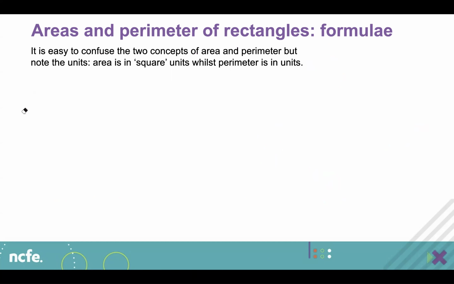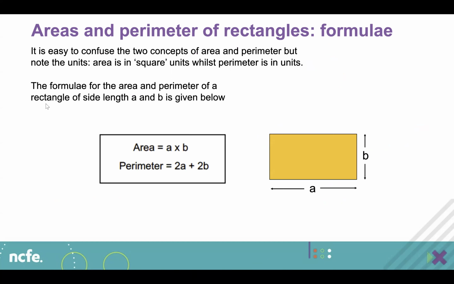It's easy to confuse the two concepts of area and perimeter, but note the units: area is in square units, while the perimeter is in just units. The formula for area and perimeter of a rectangle of side length A and B is given below.